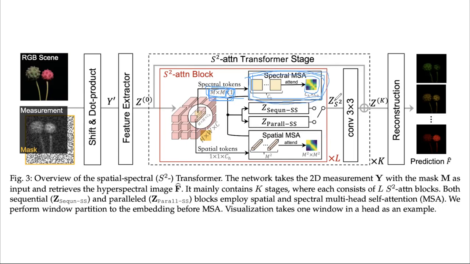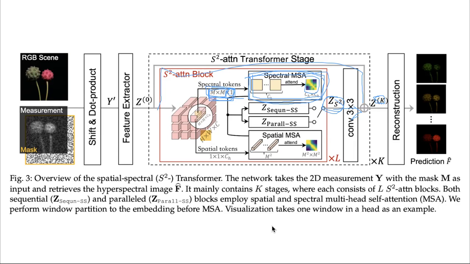And after that, we get the hidden space Z and put it into a 3x3 convolution. And then there's actually a residual connection here, you can see from the beginning to the end, so that we get the Z_k in the k-th stage, and then go over again, and then produce the prediction, which is F hat.